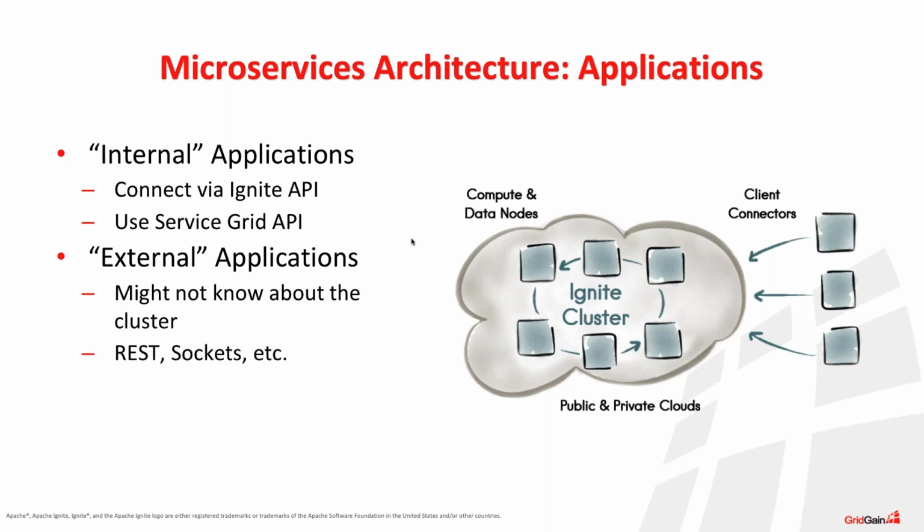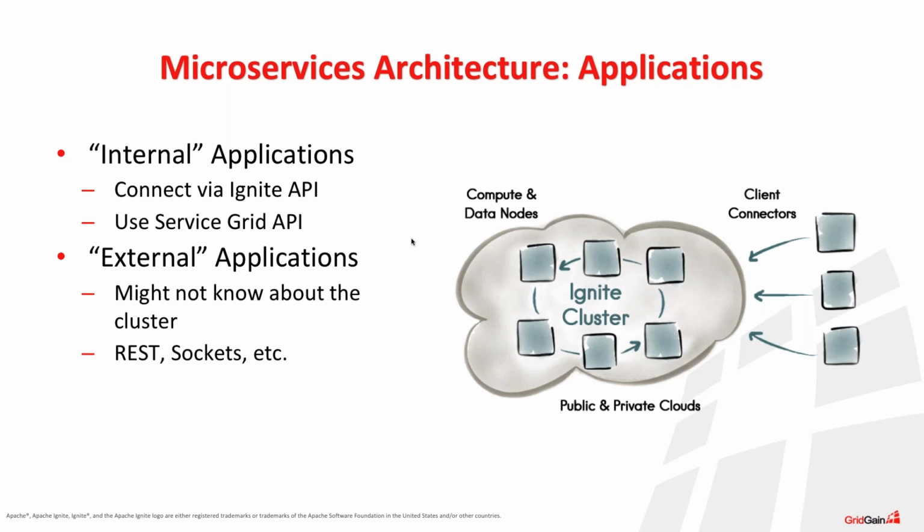You write them in a way that they stay above your data layer architecture, above your microservices based architecture. They just need somehow to talk to your services deployed somewhere, let's say in Apache Ignite or in another environment.